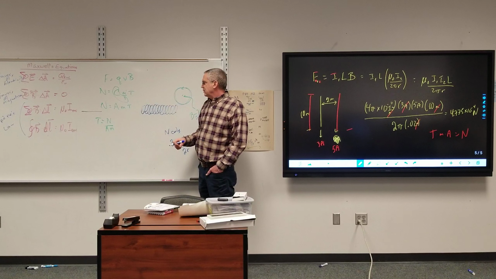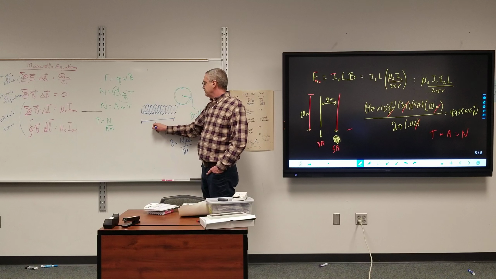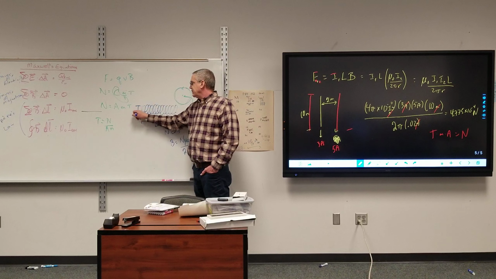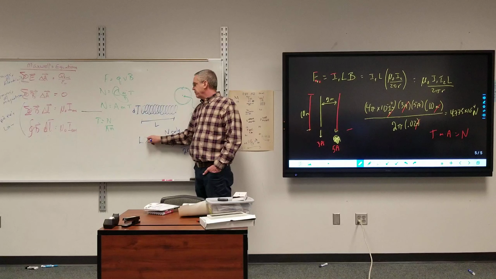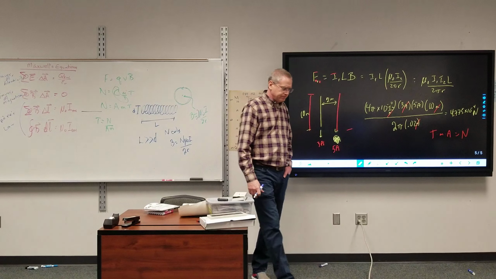Now, how do you know it's a solenoid as opposed to just a loop of wires? Well, sometimes it's both. But if I have a length here, and I have a diameter here, if the length is significantly larger than the diameter, solenoid approximation is good enough.